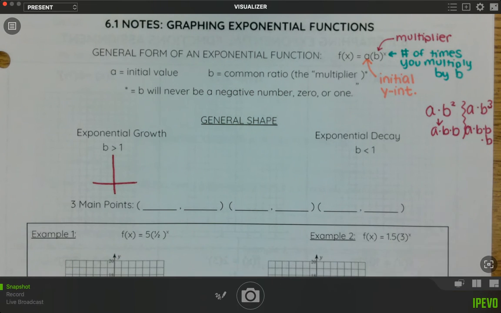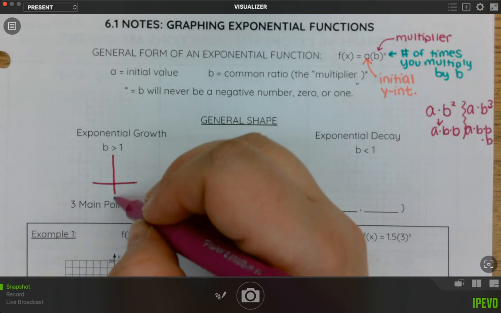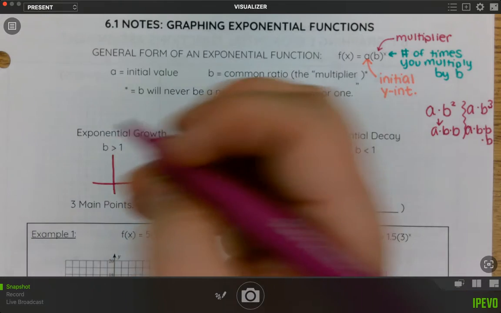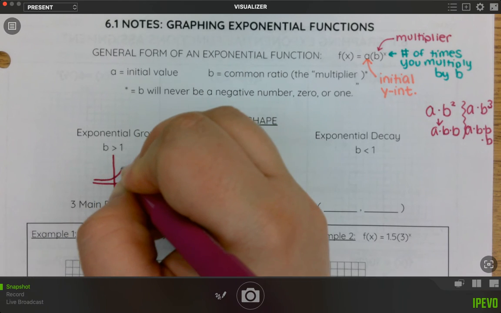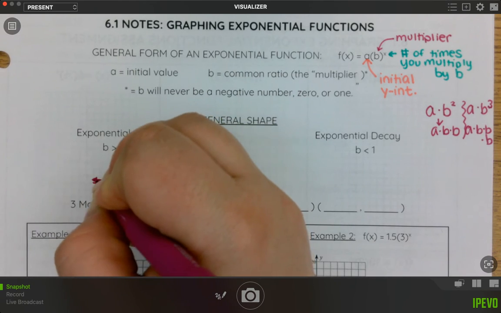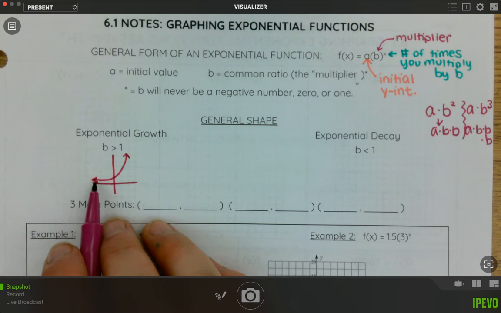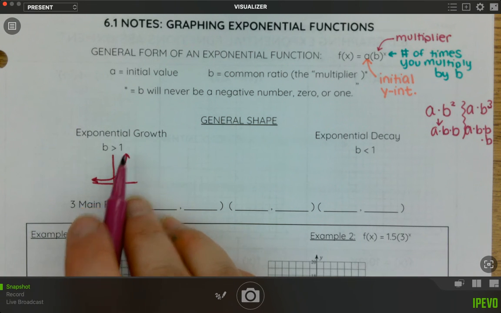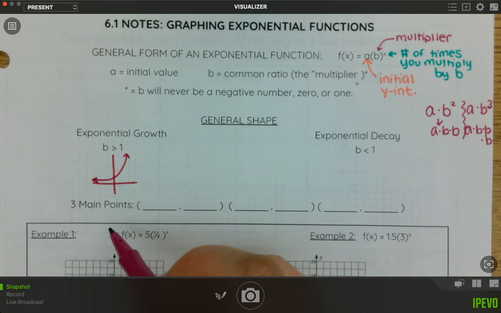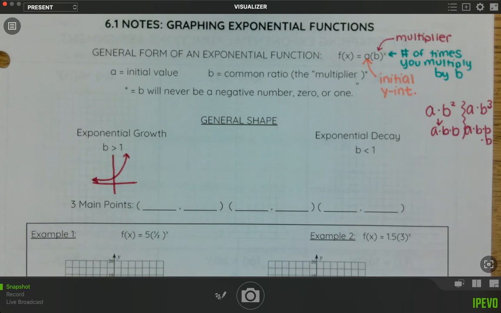I'm just going to draw my y-axis, my x-axis, and then it looks something like this. It starts really flat down here at the bottom, almost parallel to the x-axis, and then it goes up really fast. That's called growing exponentially. Notice how that is not a straight line.